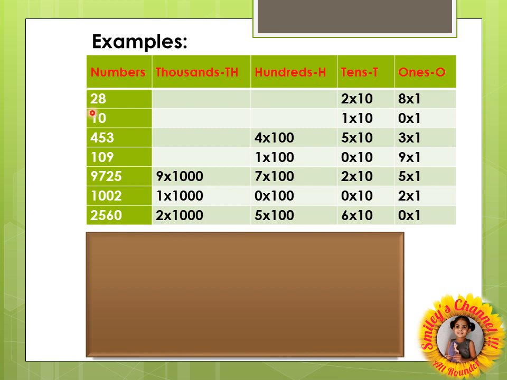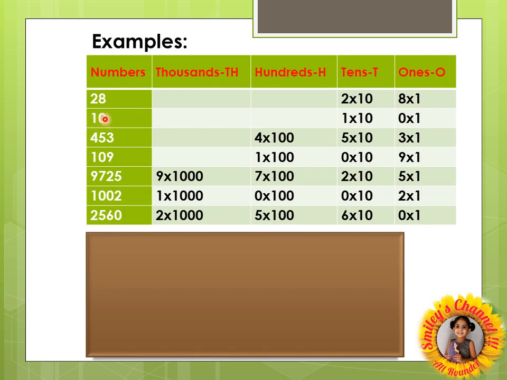That is the first point you need to remember. Here we have a 2-digit number, that is 28. When we assign place value to any number, we should always start from right to left, that is ones place and tens place. Here we are assigning, see, 2 is in which place? Tens place. So 2 into 10, that is why we have written 10 here. 8 is in ones place, so 8 into 1.